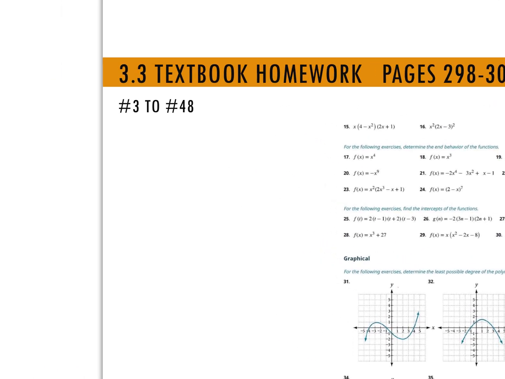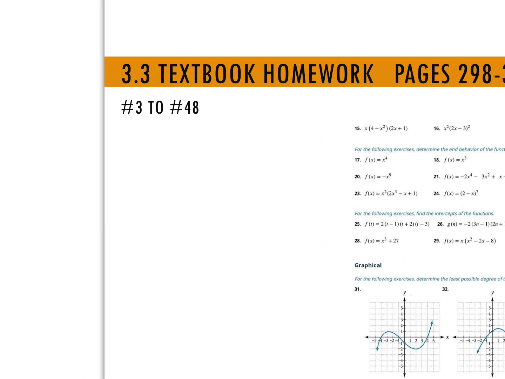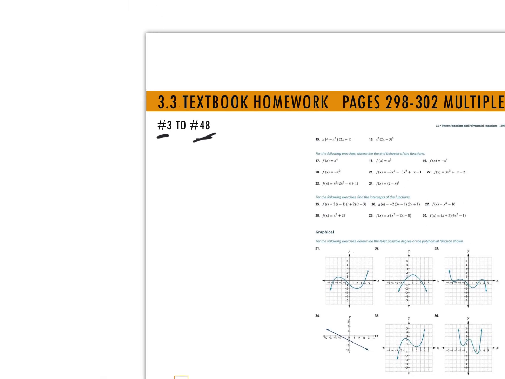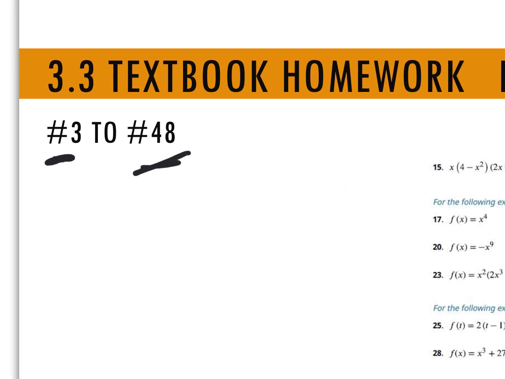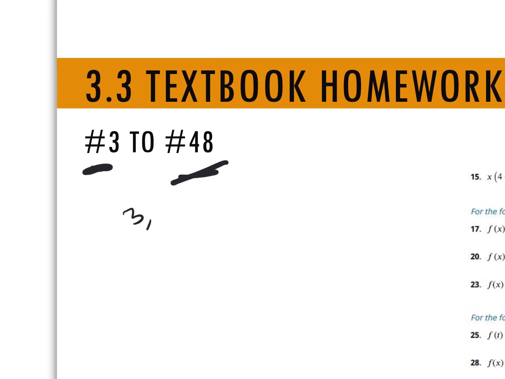And I wrote over here, number 3 to number 48, multiples of 3. So it's 3, 6, 9, 12, all the way to 48. That is a multiple of 3.